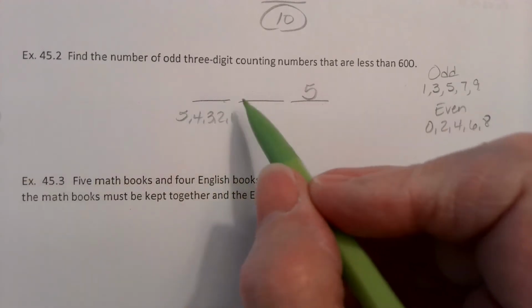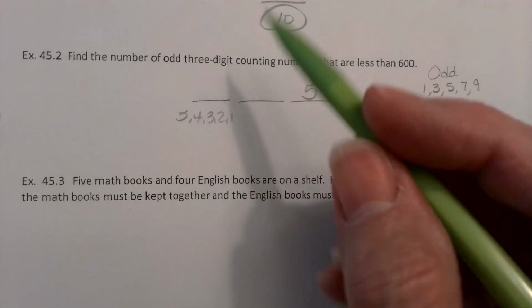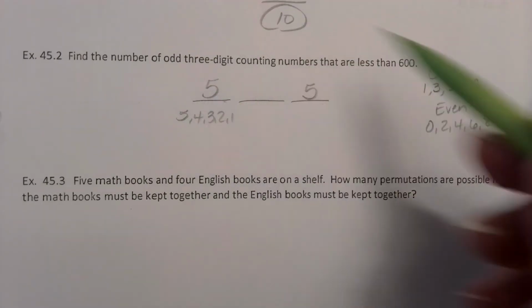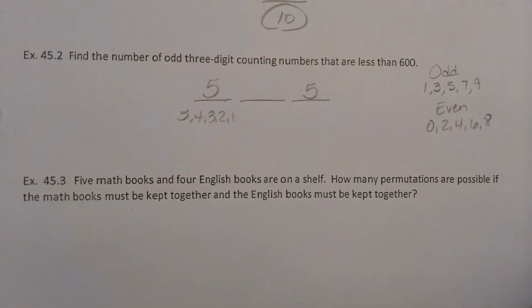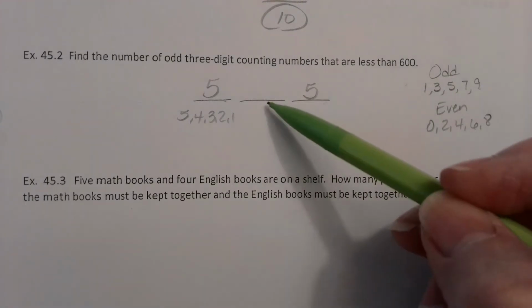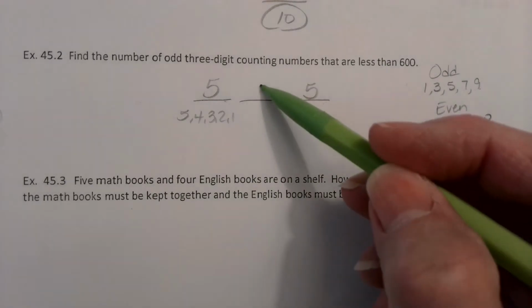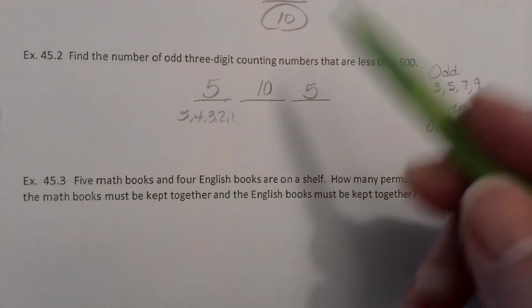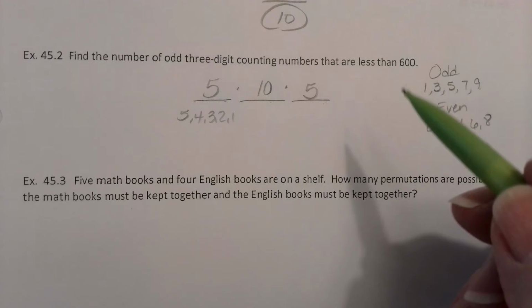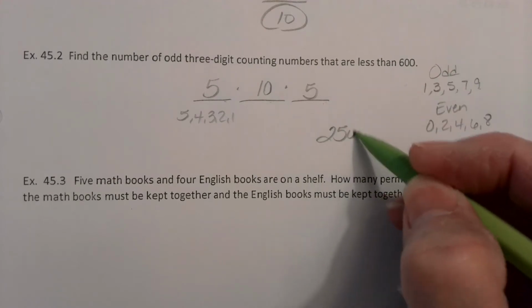It can't be a 0 because then it wouldn't be 3 digits. So that's 5 choices there. Now, by the way, it's not telling you can't repeat digits, okay? Now, for this one, it doesn't have to be an odd number, and it can be any number. So I have 10 choices here. So I'm going to multiply those together, and I have 250.